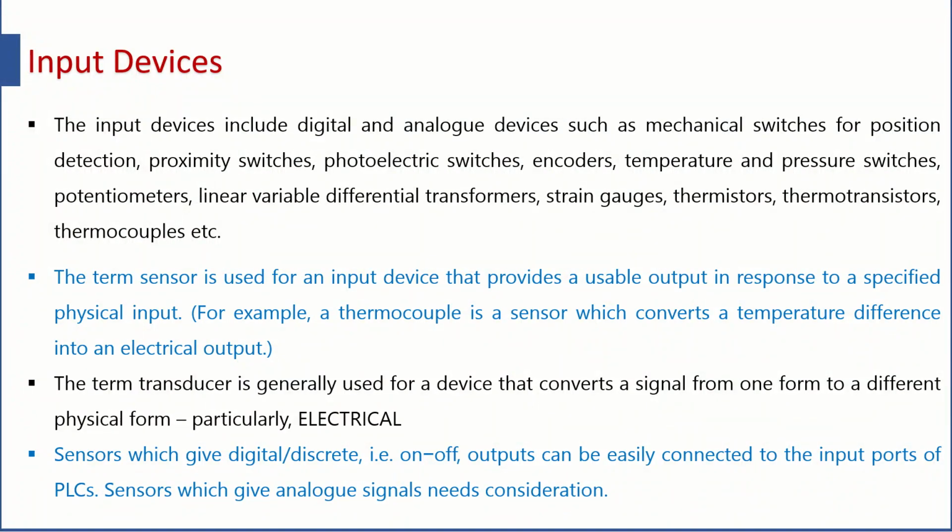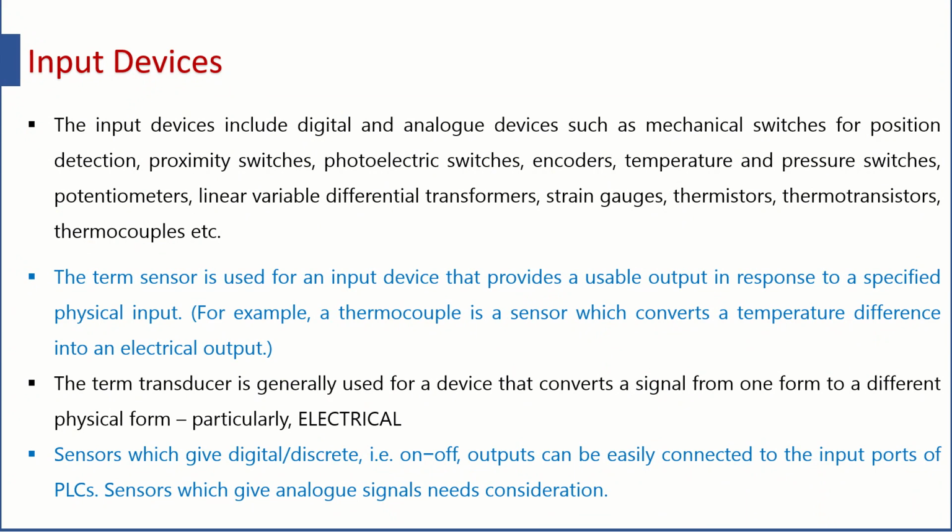Now you see, sensors which give digital or discrete signals, that is on-off, the outputs can be easily connected to the inputs of the PLCs. Why am I saying this? Because the sensors that are available commercially for industrial purposes have their outputs highly standardized. The manufacturers know what the PLCs will be requiring, what the PID units will be requiring, what some transmitter units will be requiring, and accordingly they design the sensors.